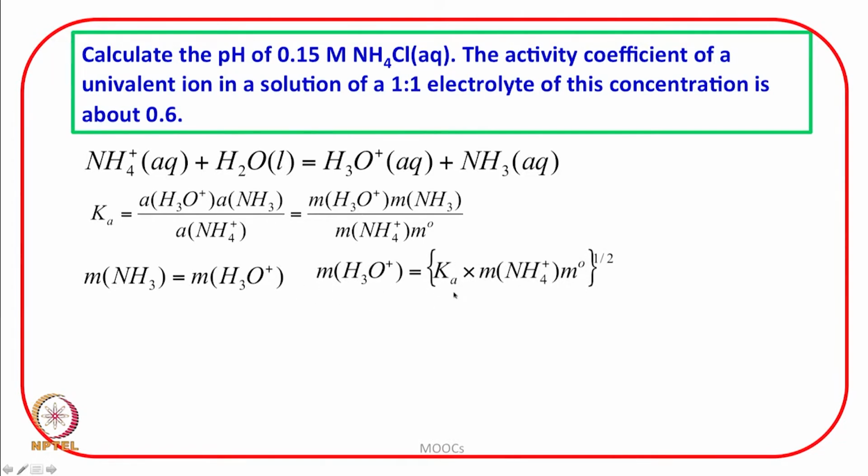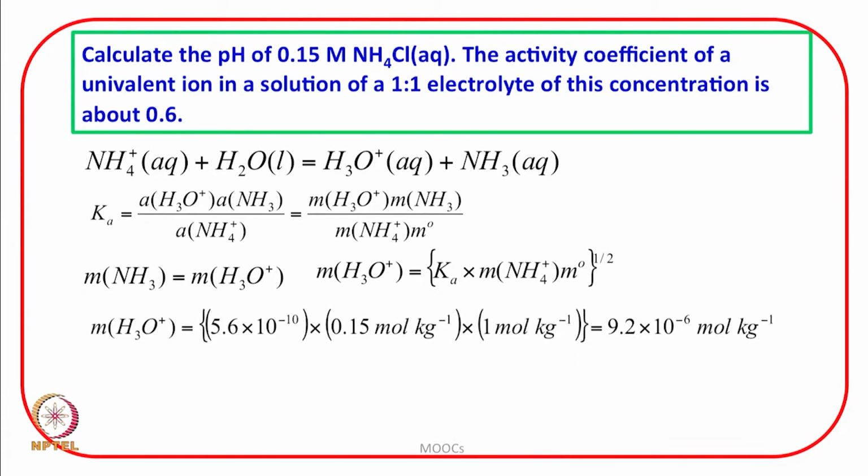Now, you substitute the value of Ka, and the molality of ammonium chloride is given. Let us consider this as molality, not molarity, in mole per kg. Once you substitute, the answer comes out to be 9.2 into 10 to the power minus 6 mole per kg.